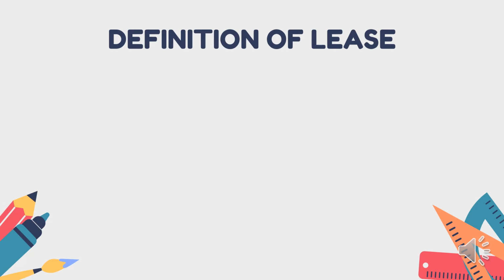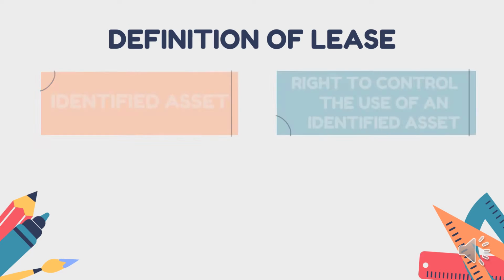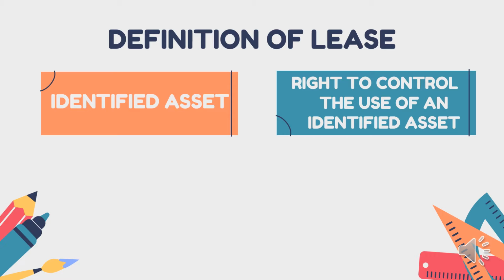So himayin natin yung definition of a lease. It is said that it must be an identified asset. Pag sinabi natin identified asset, the asset is typically identified by being explicitly specified in a contract, sinabi dun sa kontrata, or implicitly specified when it is made available to the customer, kapag naging available na sa customer.